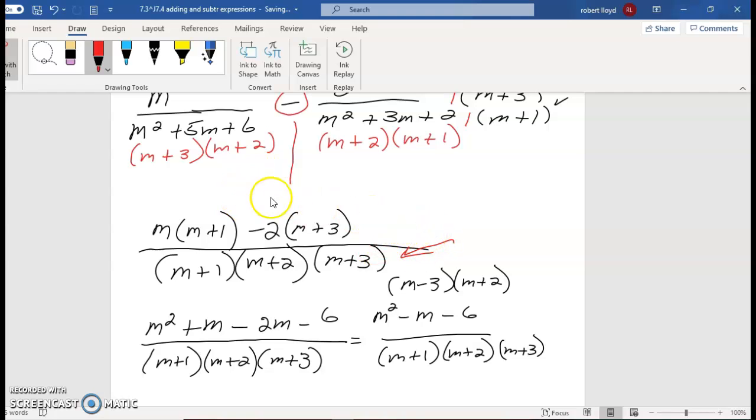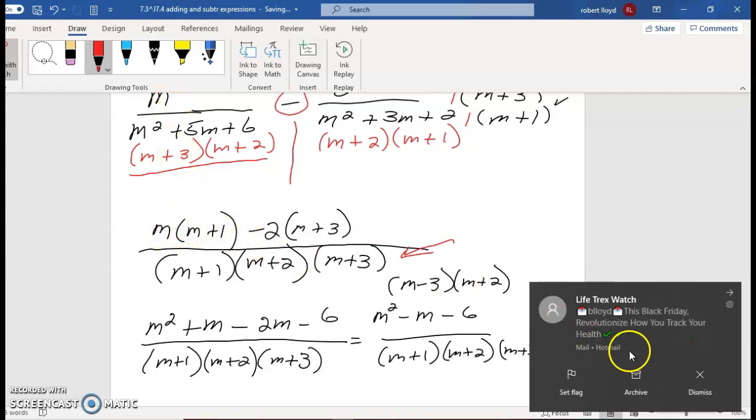So then we have to take each denominator separately, divide it into the common denominator, and multiply by the numerator anything that's left. So we take the m plus 3 and the m plus 2 out of this, and we're left with m plus 1. We got m number of them, so m times the m plus 1.